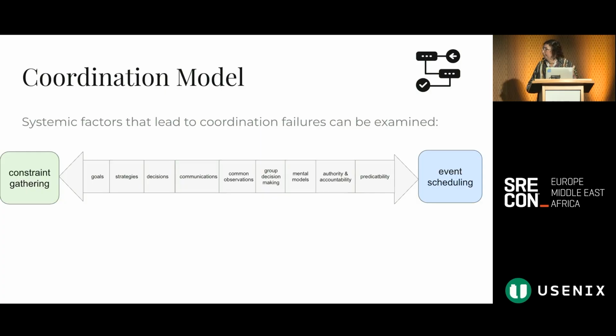And breaking it down like that, this says goals, strategies, decisions, communications, common observations, group decision-making, mental models, authority and accountability, and last but not least, predictability. All of these things are important for organizations to troubleshoot coordination at a level deeper than, well, people really ought to want to talk to each other.